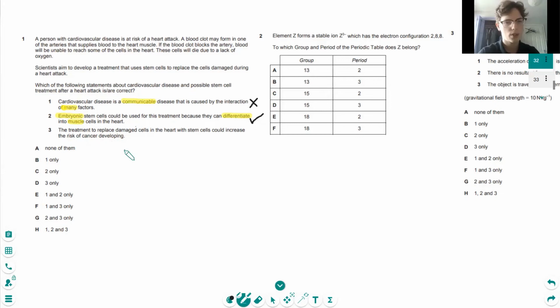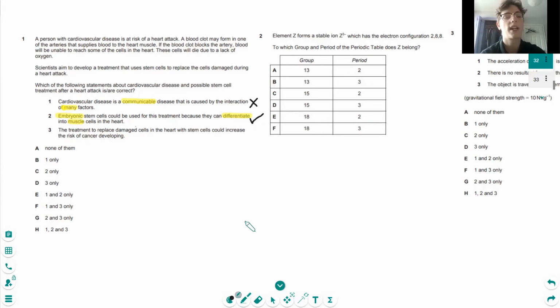And finally, the treatment to replace damaged cells in the heart with stem cells could increase the risk of cancer developing. Now, you know from your GCSE biology, I think it's B6 unit, cancer is uncontrolled cell growth caused by damage to DNA.